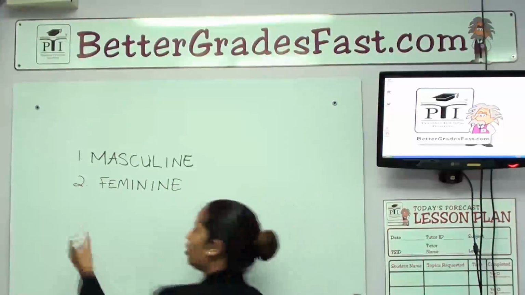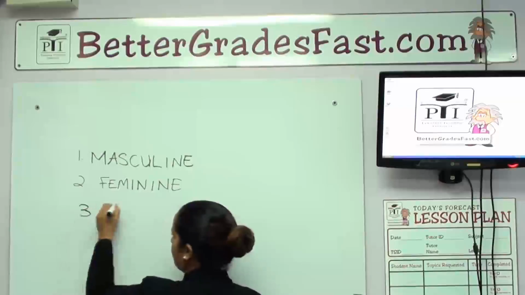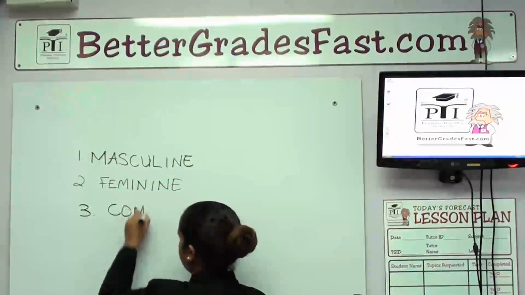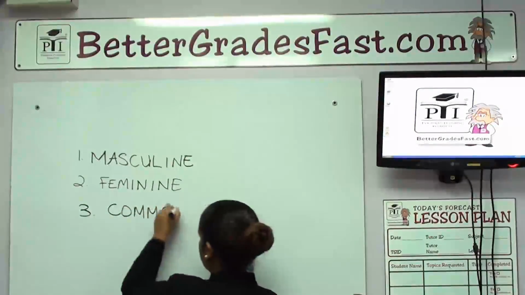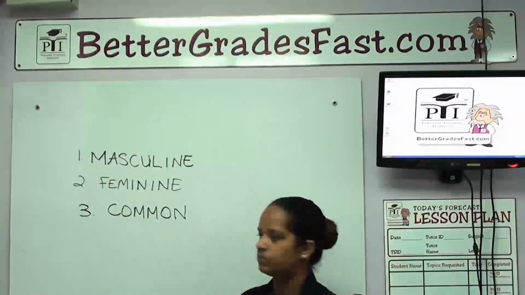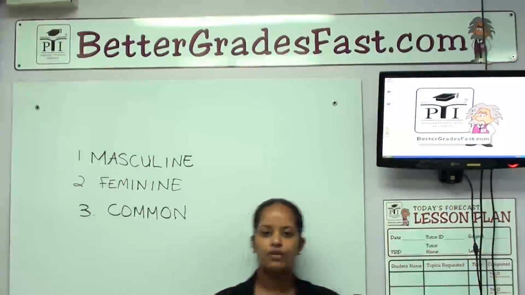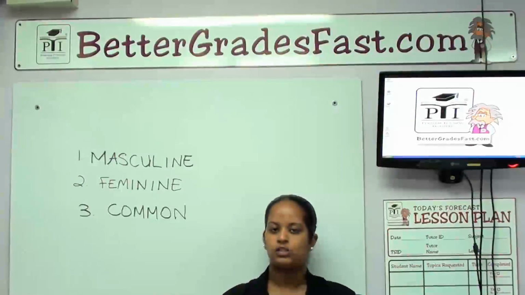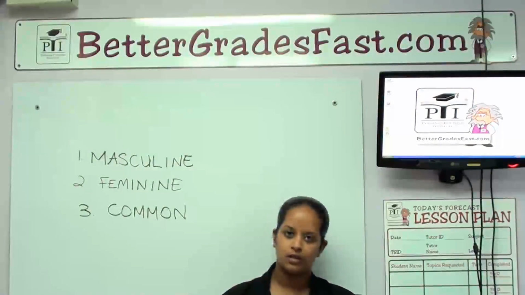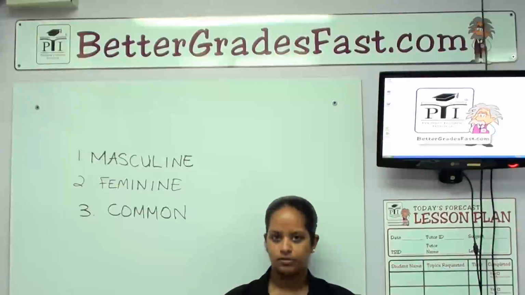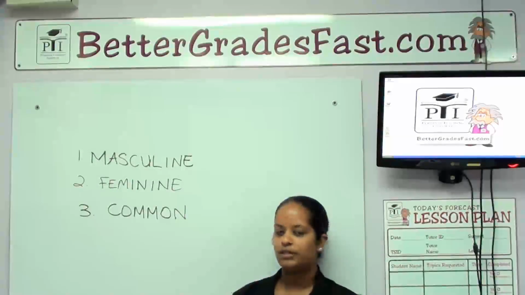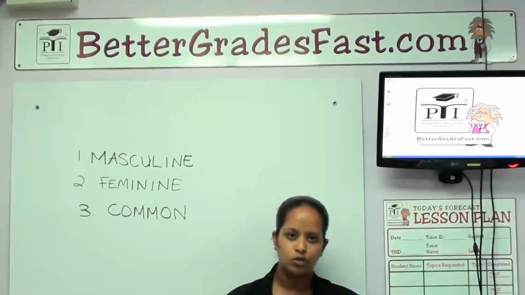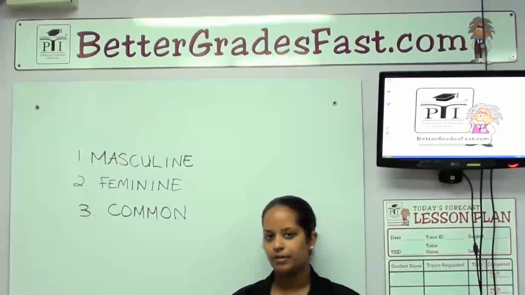We then have the common gender. When referring to gender, the word common means that this word does not directly give you the exact gender of the person or animal in question, meaning the word given cannot tell you masculine or feminine.